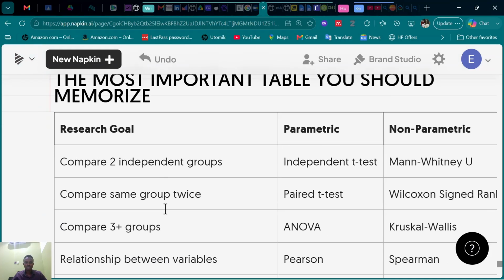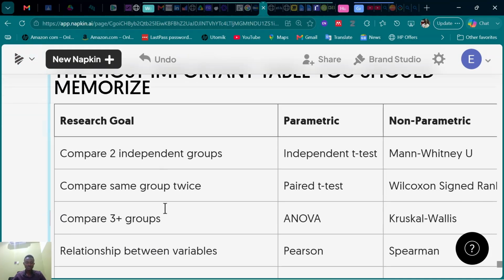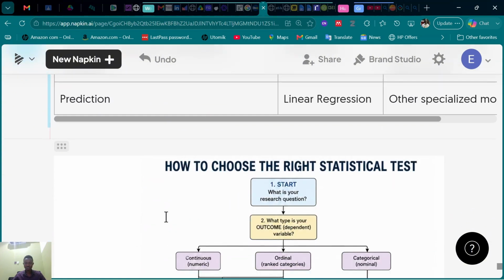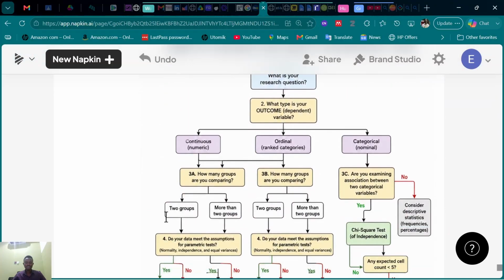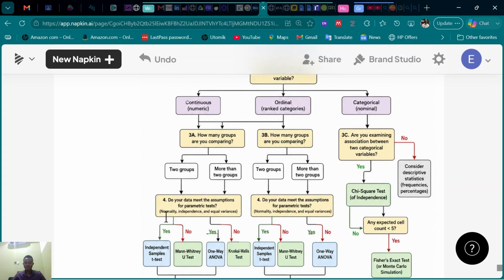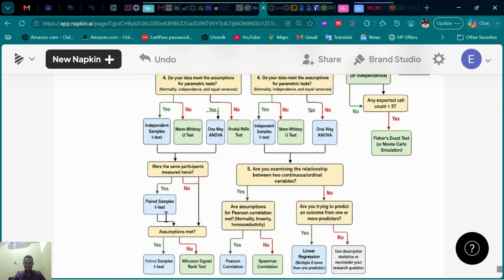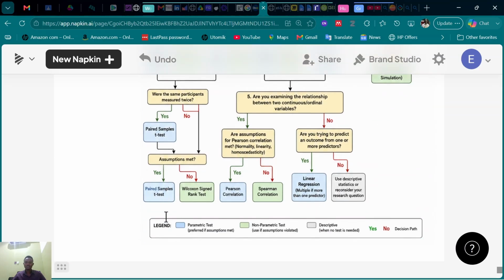So that's very important. This is a table that summarizes what has been said so far, and then there is a figure that I've created to help you determine which test to conduct, right? Good.